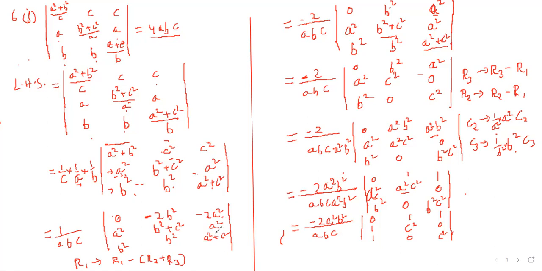When subtracted from c square, it is again minus 2a square. So minus 2 is common from the first row. So minus 2 upon ABC it will be. So 0, b square, a square, then a square, b square plus c square, a square is the second row, and the third row is b square, a square plus c square equals minus 2 upon ABC. 0, b square, a square, c square, 0, and b square, 0, c square.